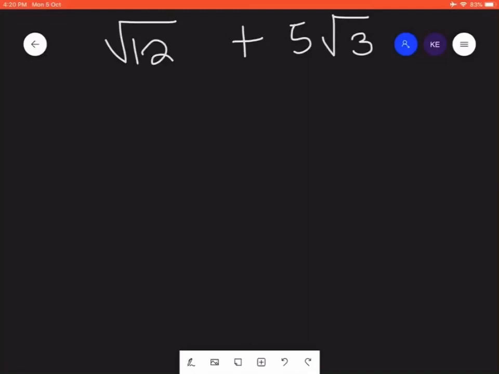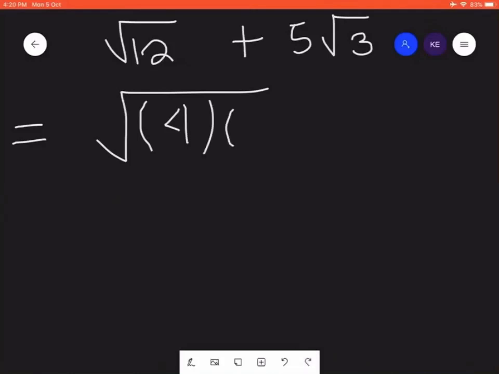Okay, let's move on. So we have here square root of 12 plus 5 square root of 3. 12 and 3 are not similar, though you can take two factors of 12. One is a perfect square and one is not. So those factors are 4 and 3.